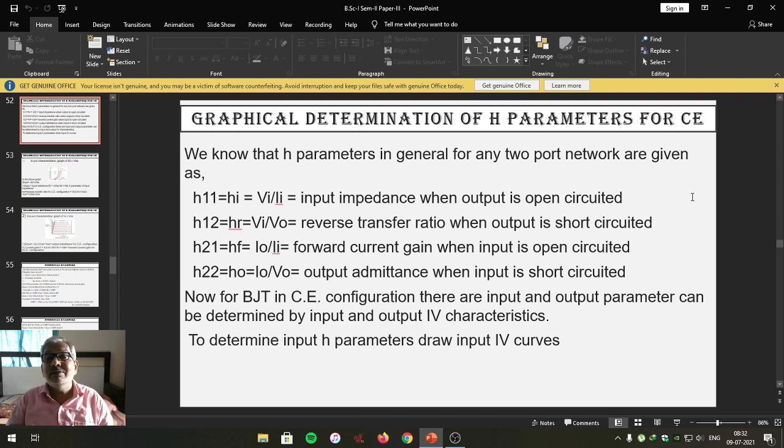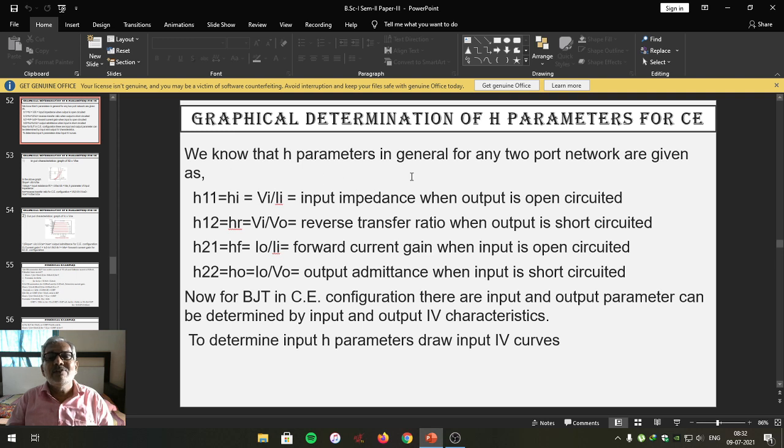By knowing input voltage, input current, and by knowing output voltage, output current, these hybrid parameters you have already studied in paper number first.